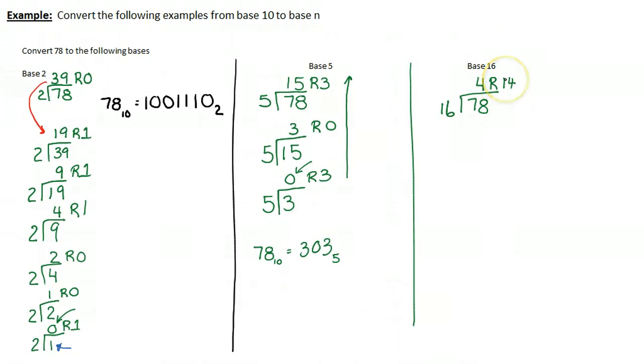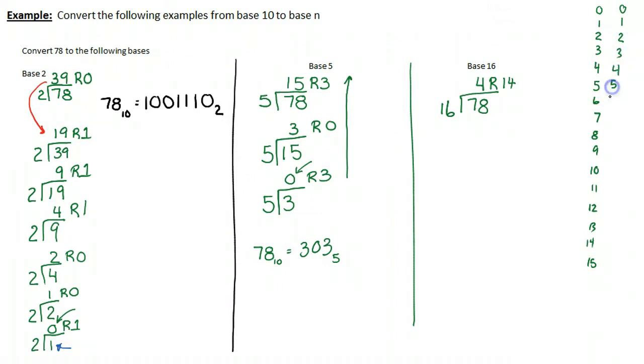Now here's the thing, 14 can't be written because it takes up 2 place values. I can only use up 1 place value at a time. So what you can do quickly on the side is make a little chart, 0, 1, 2, 3, 4, 5, 6, 7, 8, 9, 10, 11, 12, 13, 14, 15, and then write the hexadecimal next to it.